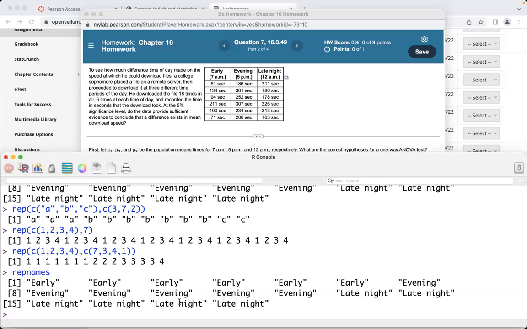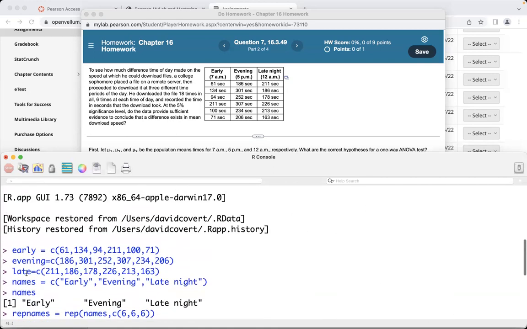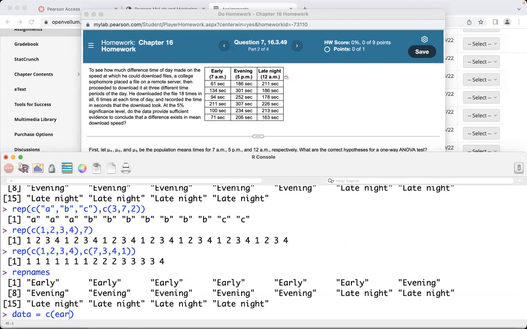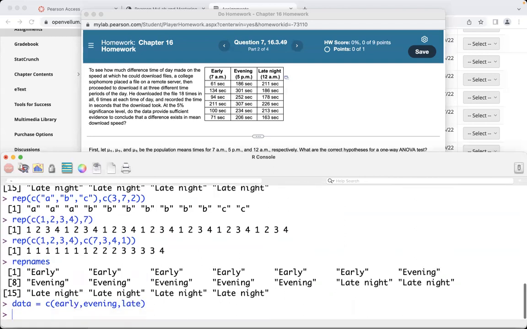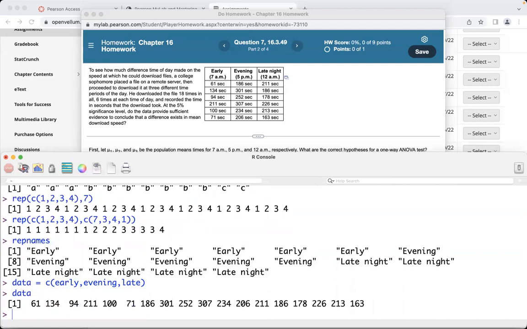Once you have the rep names and the data, I like to take the data. We remember we had early, evening, and late, so our data is just going to be early, evening, and late. We're just concatenating the data, and just to look at it there.